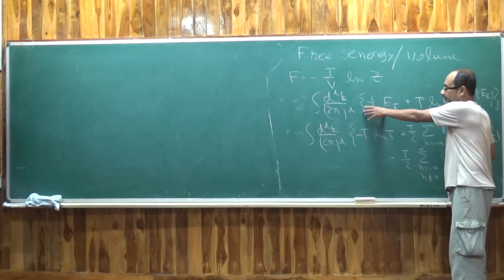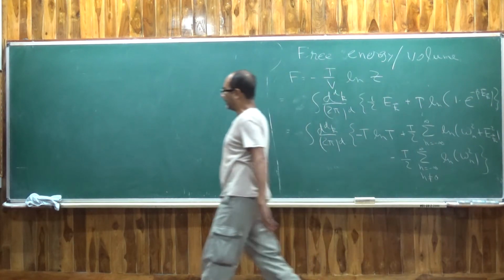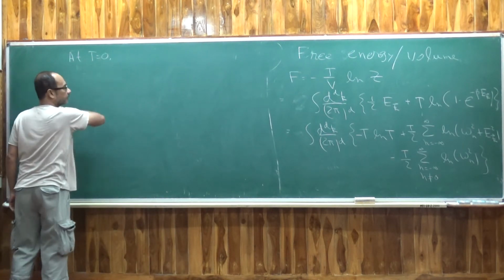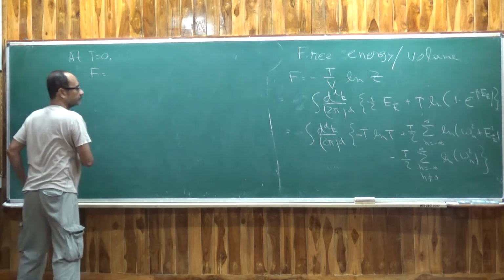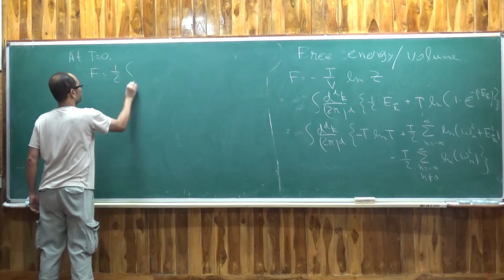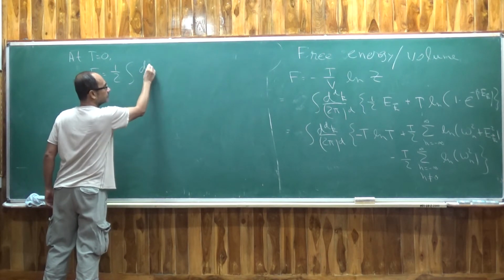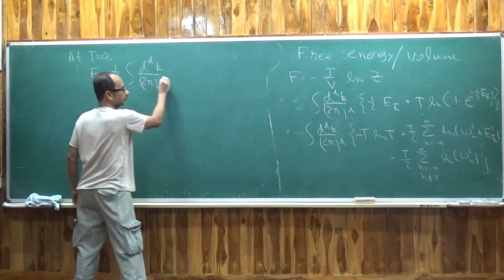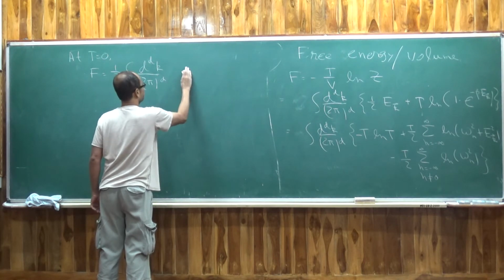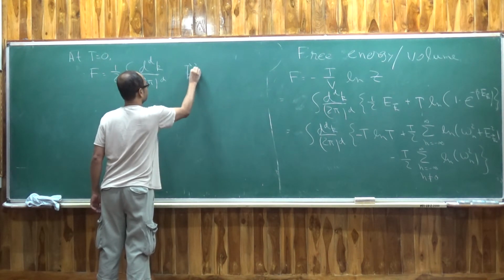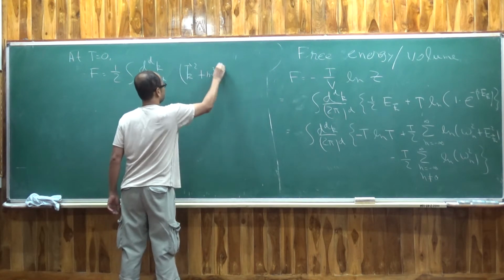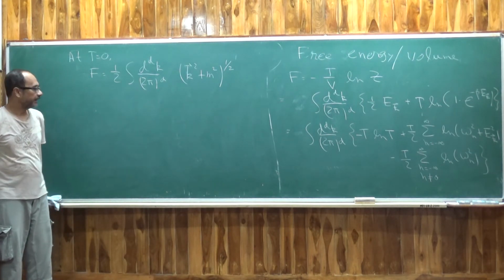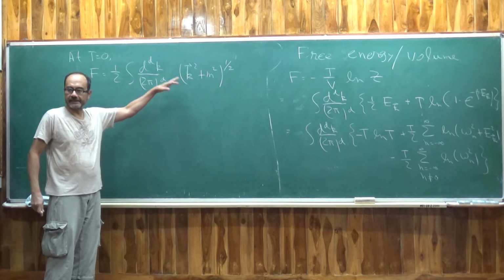So what you are left with for the free energy is this. So at T equal to 0, this is divergent.